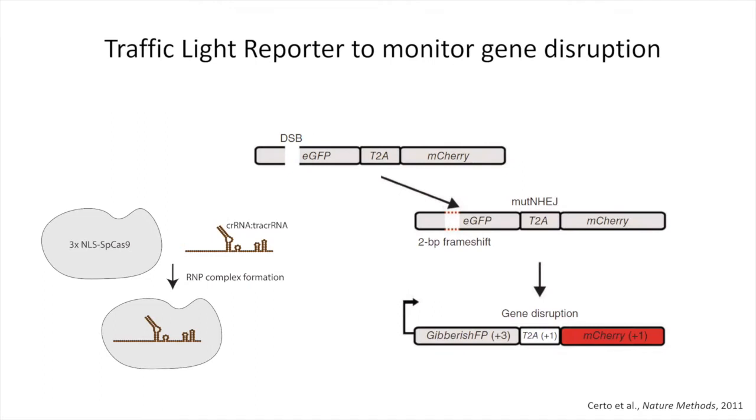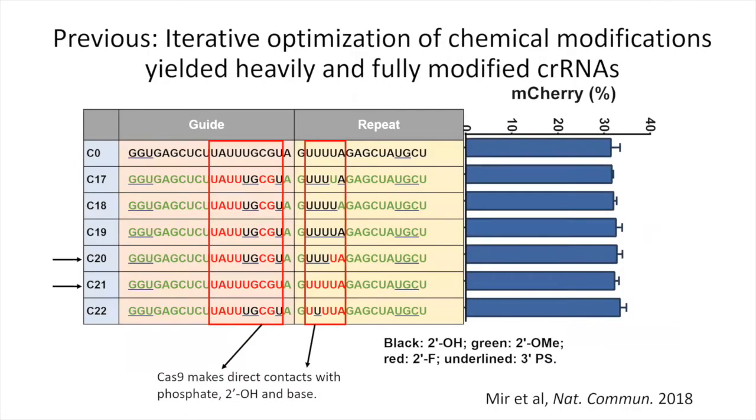And so we used this assay a lot as a sort of high throughput way to screen RNAs to guide CRISPR cleavage in cells. And in previous work, which is published, and I'm not going to focus on it today, we found that we were able to generate heavily and fully modified CRISPR RNAs pretty well. That's the shorter of the two guides.